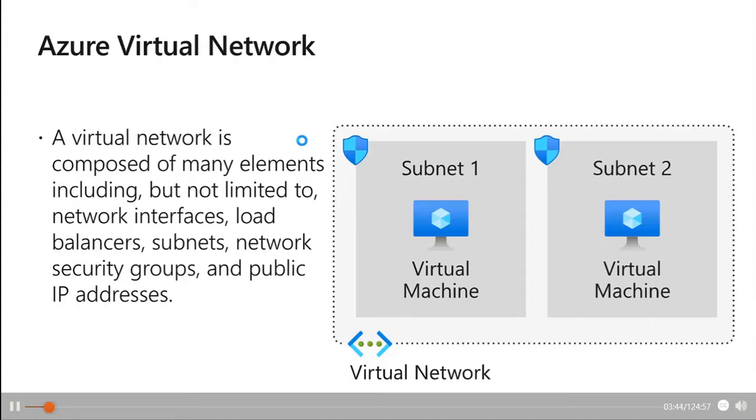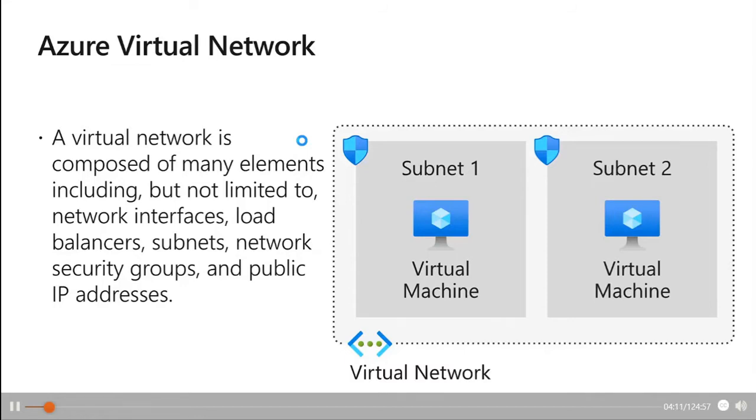Examples would be connecting virtual machines to the internet. You need to place them inside a virtual network so they have the channel to go to the internet. They also provide secure communication between Azure resources that can be hosted in just one single region, but also when they are hosted in different regions and we want to put them all together and working together.